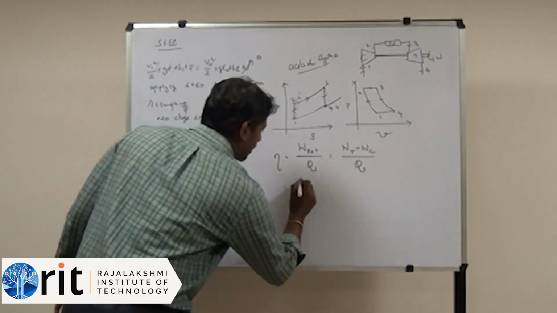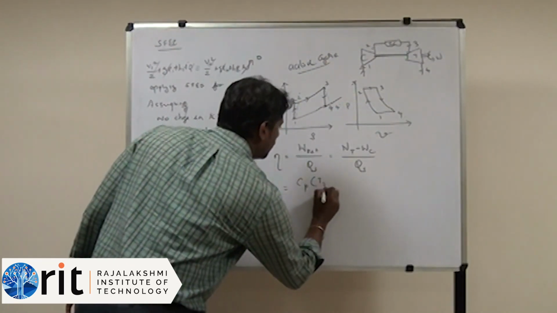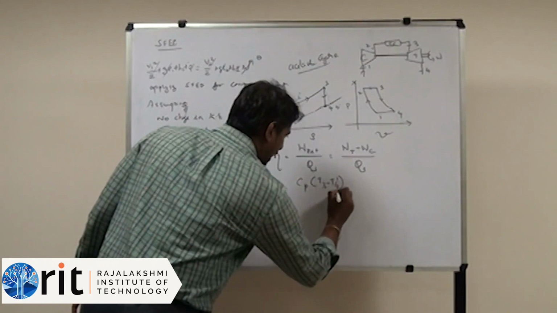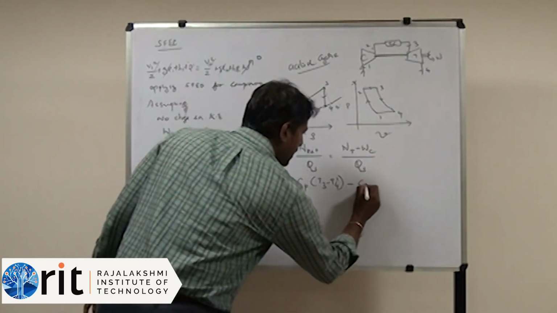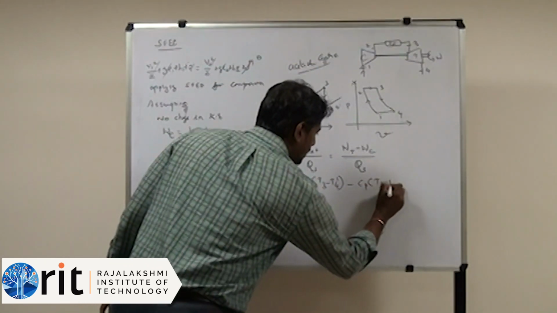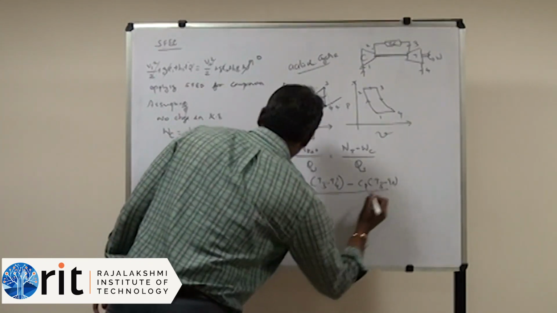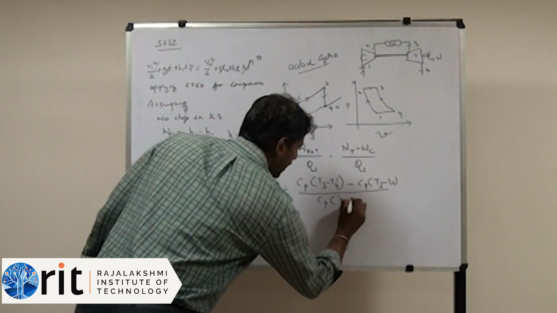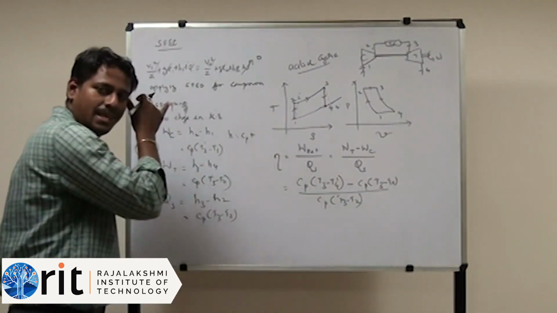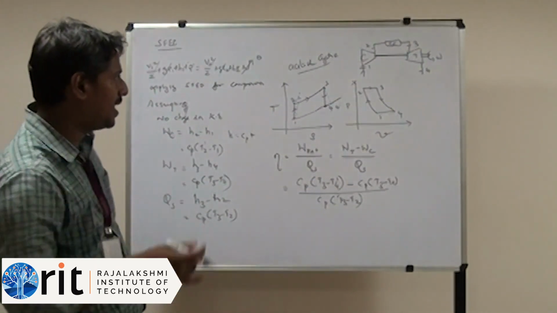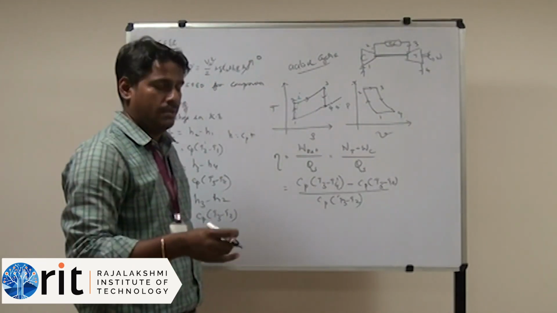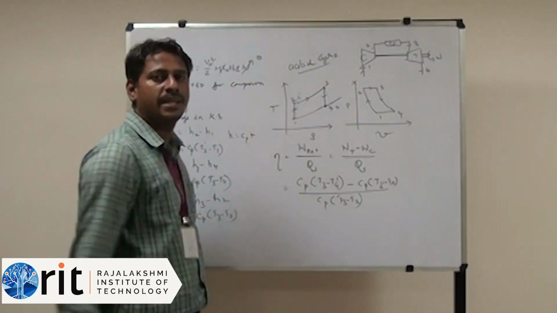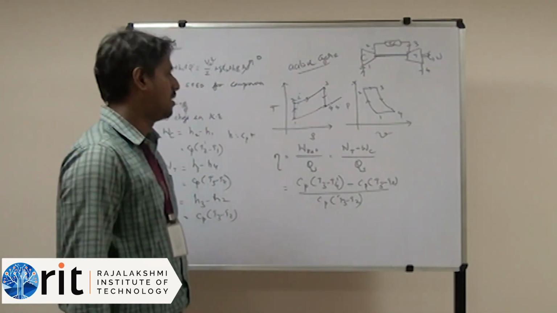Work done by the turbine is Cp into T3 minus T4 dash, minus Cp into T2 dash minus T1, divided by heat supply Cp into T3 minus T2. So this is the equation for the efficiency of the actual cycle in an open cycle gas turbine power plant. Okay, so this is it.